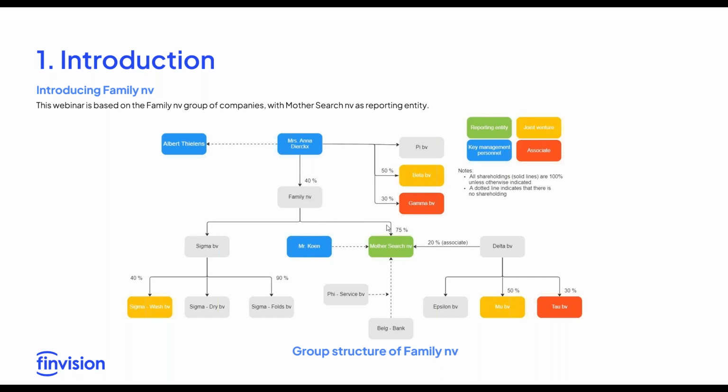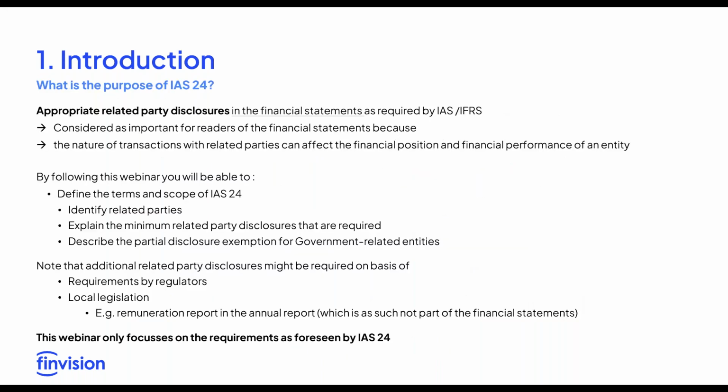Family NV has then majority participation in Mother Search NV, as well as other investments through Sigma BV, which has itself 2 subsidiaries at 100% and 90%, and a joint venture at 40%. Mother Search NV has also some investments and also relationships with the banks and so forth. But we'll go deeper into that in each of the detailed questions as well.